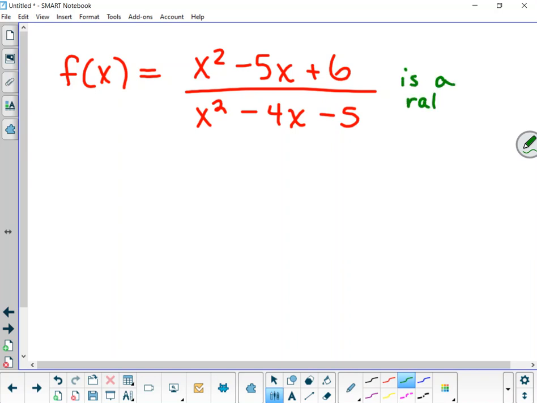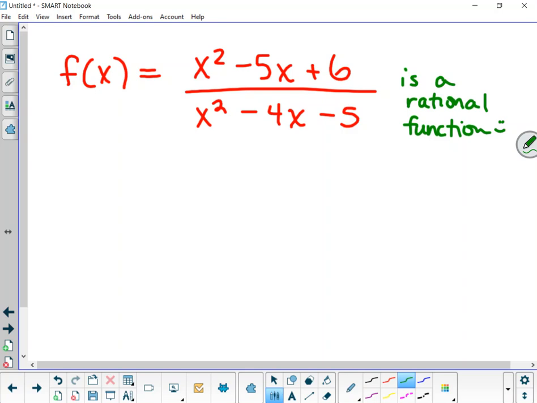The numerator function and the denominator function can be different degrees. They don't both have to be quadratics. You can have linears, squares, cubes, different ones in different places, you can just have constants, all different kinds of combinations. So anytime we take one polynomial and put it over another, we create a rational function.